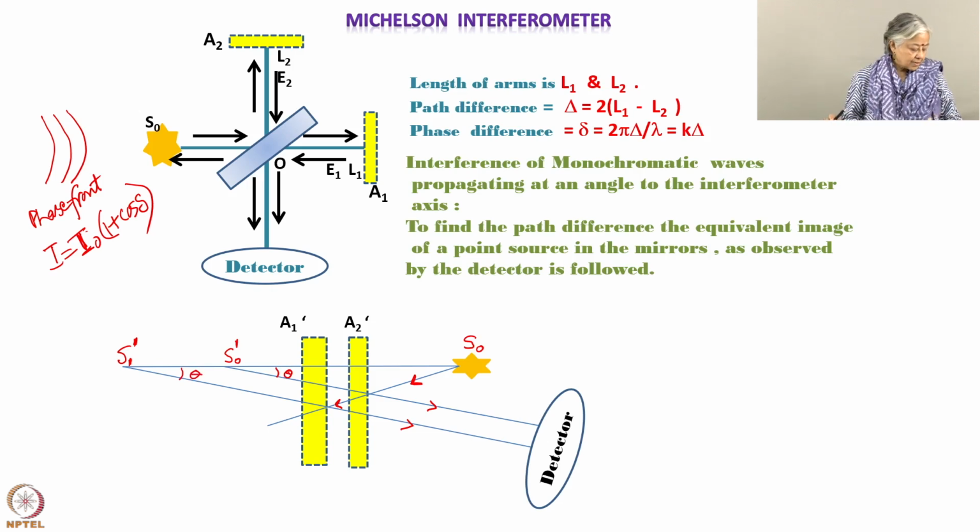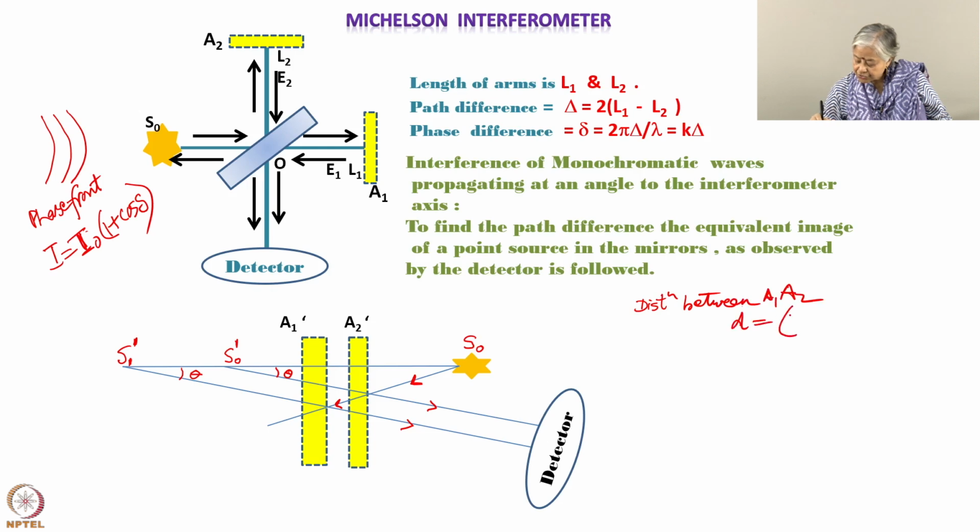The distance between A1 and A2, suppose I write it as D is equal to L1 minus L2, which is from here L1 minus L2. I just call it D.